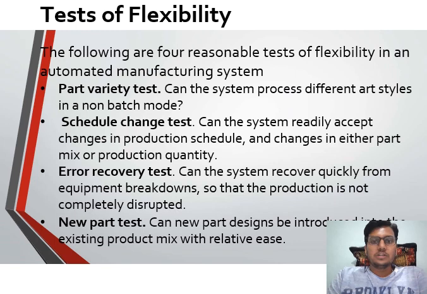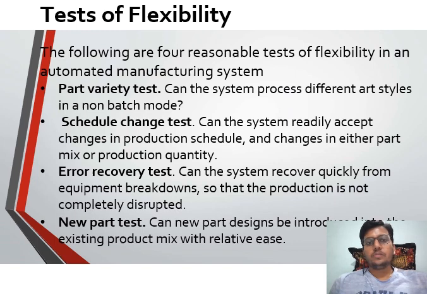Can our manufacturing system process different part styles in a known best mode? So we need to see, for our automated manufacturing system, whether the part varieties could be accommodated by our automated system or not.